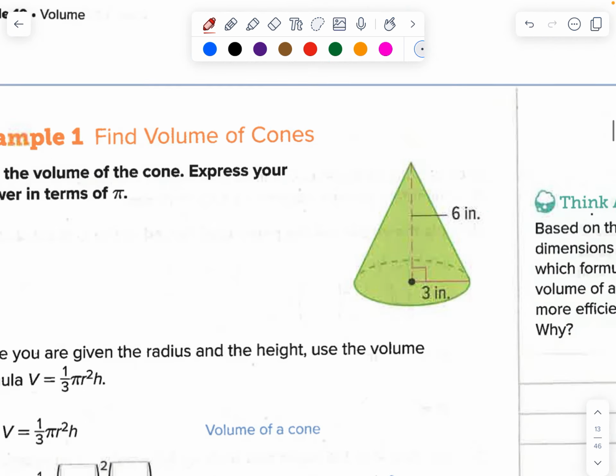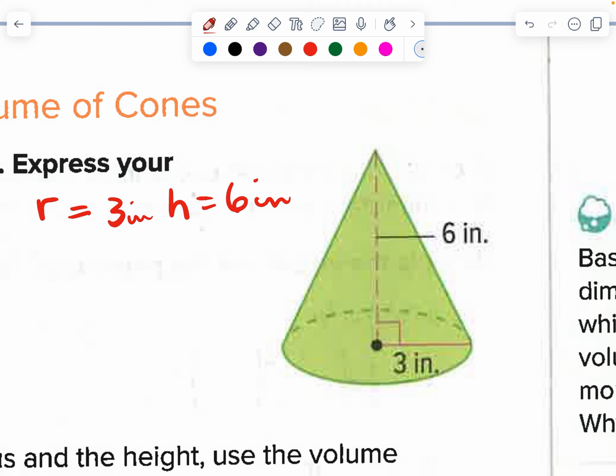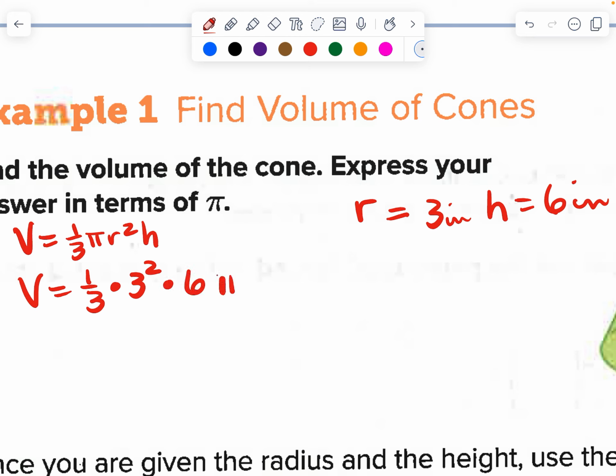So here we go. My radius on this is equal to 3. My height on this is equal to 6, and we're talking inches. So I'm going to take V equals 1/3 pi r squared h. So 1/3 times 3 squared, times 6, and then pi.